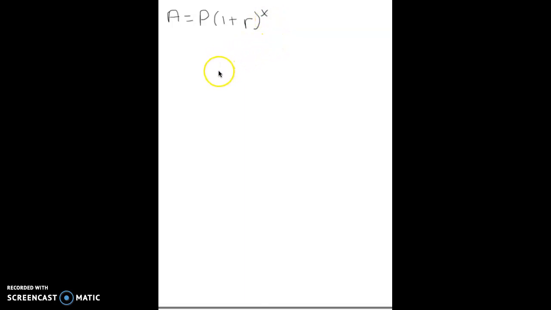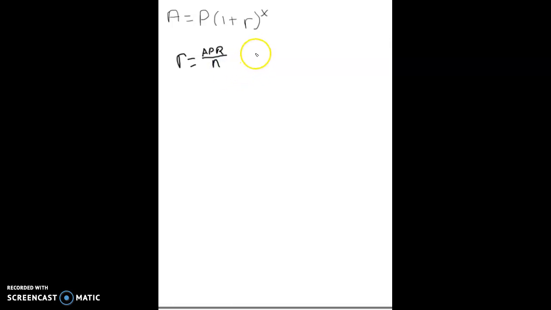Okay, so we're talking about compound interest. How can we get the most money? What we have to know is the r value might actually change. So the r is actually made up of the annual percentage rate divided by n, which means the number of compounding times that this will happen.